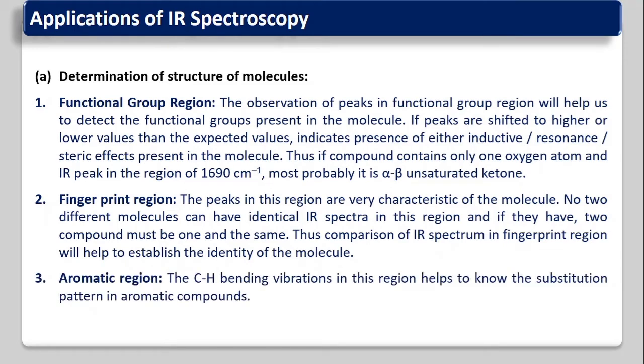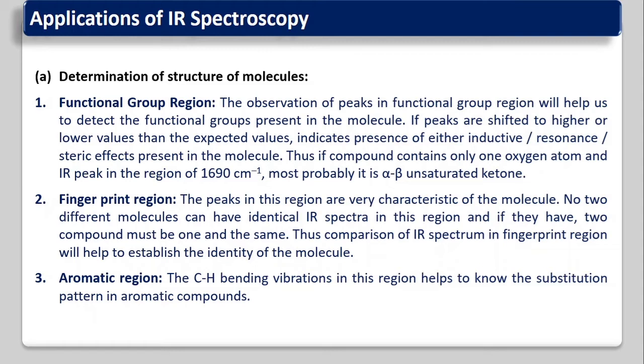Then the third region is the aromatic region. The CH bending vibrations in this region help to know the substitution pattern in organic compounds. All the aromatic CH bending vibrations occur in this aromatic region. If there are peaks in this region, then we conclude that the compound contains aromatic rings.